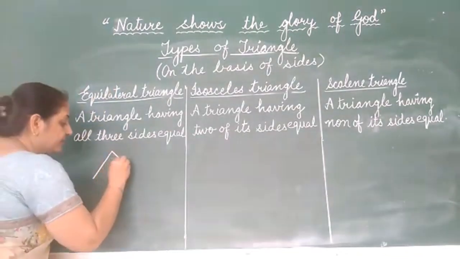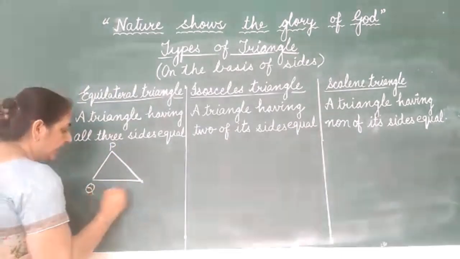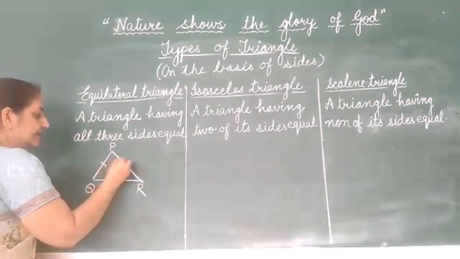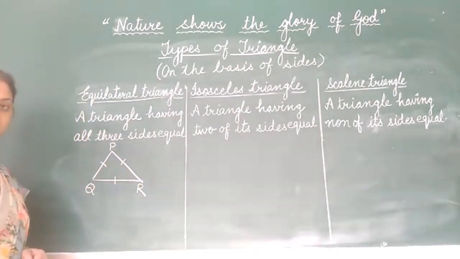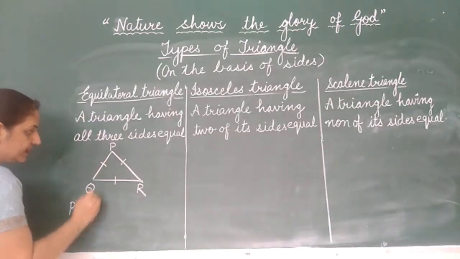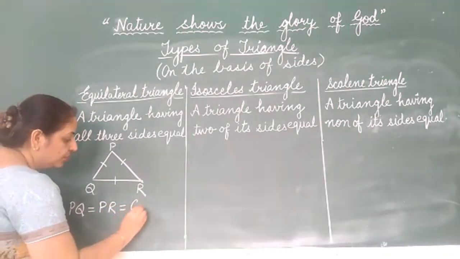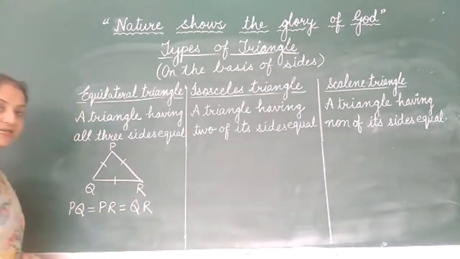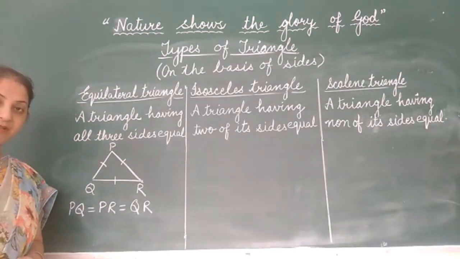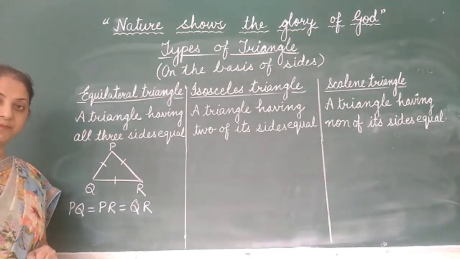Suppose I have a triangle PQR whose sides are all of equal length, that means PQ is equal to PR is equal to QR. All the 3 sides are measuring the same length. Then the triangle is known as an equilateral triangle.